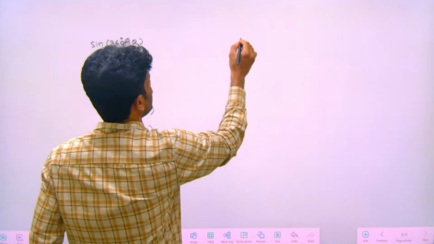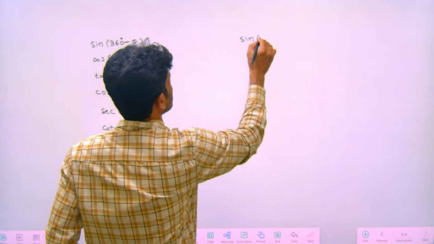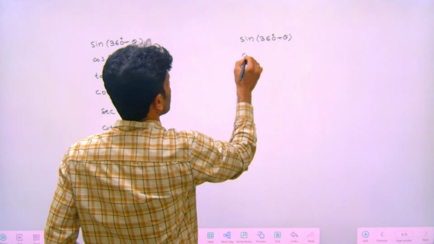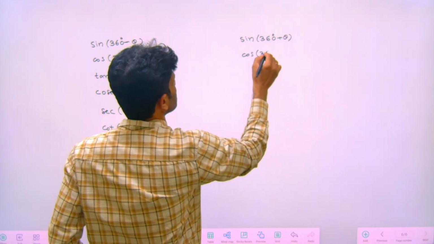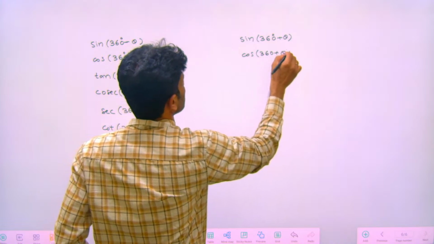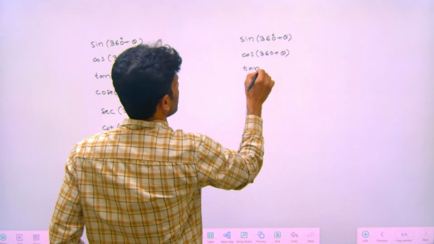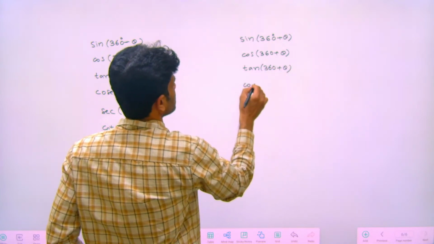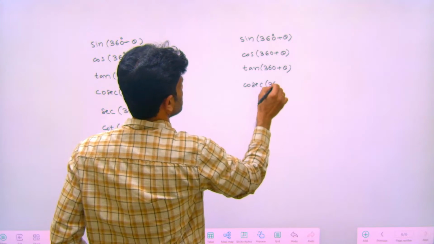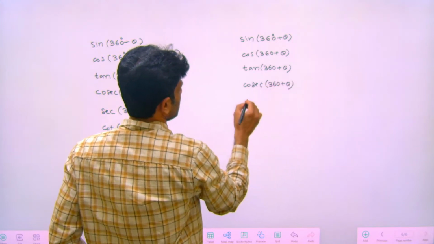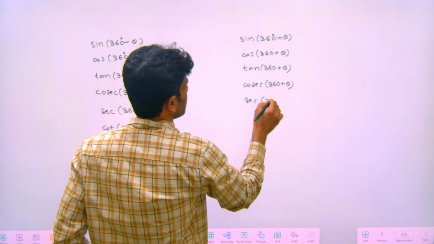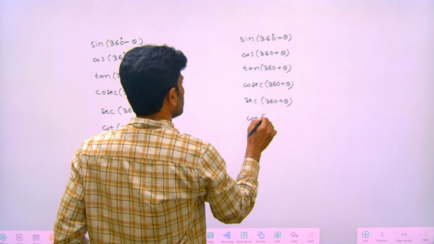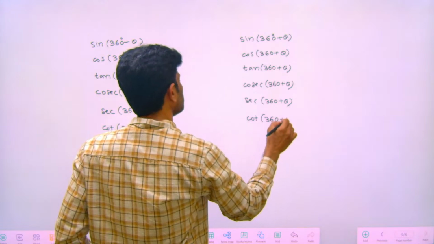Similarly, for plus, let us write sine of 360 plus theta, cos of 360 plus theta, tan of 360 plus theta, cosecant of 360 plus theta, secant of 360 plus theta, cot of 360 plus theta.